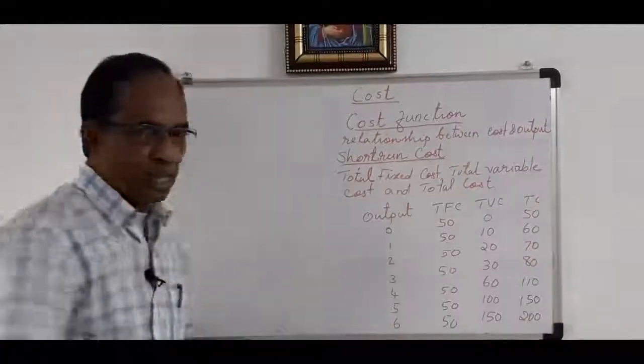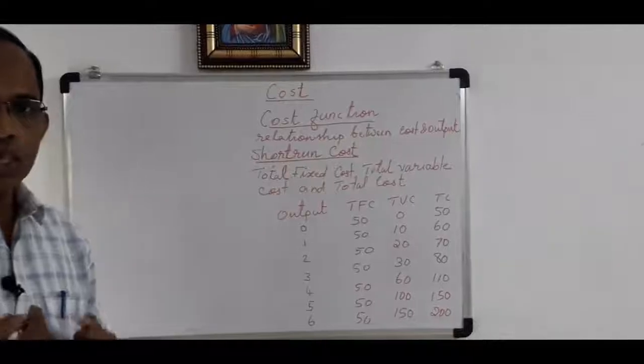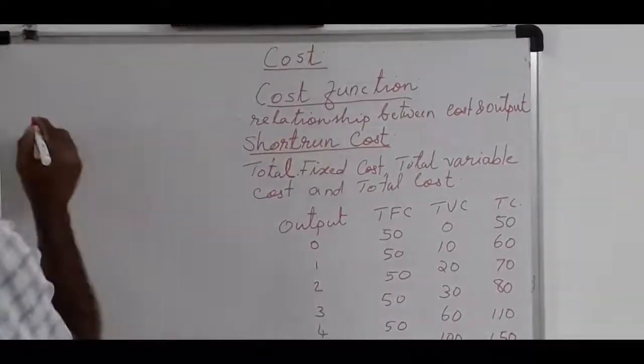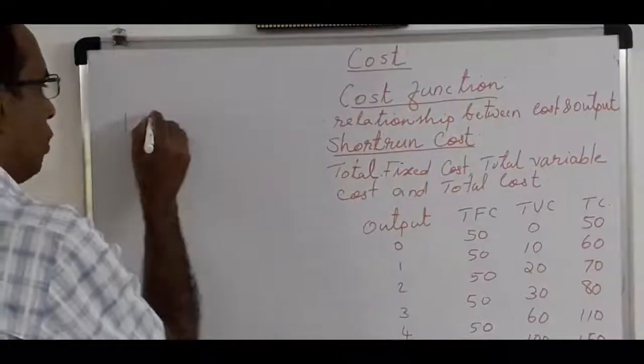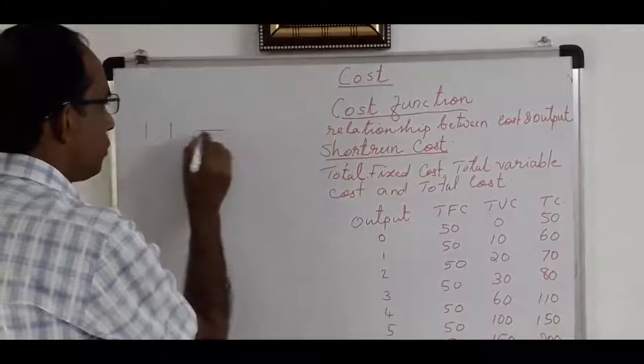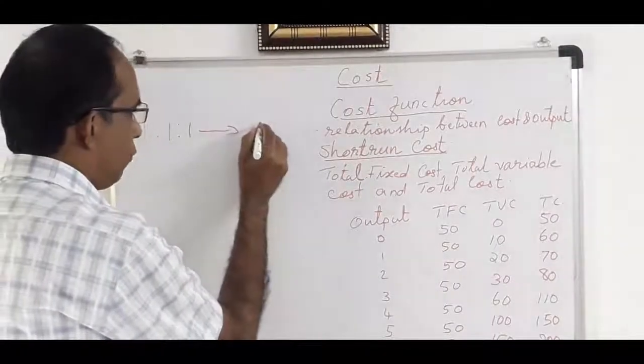Short-run cost is derived from short-run production function. Now let us see what is short-run production function. Suppose a producer produces 50 outputs.